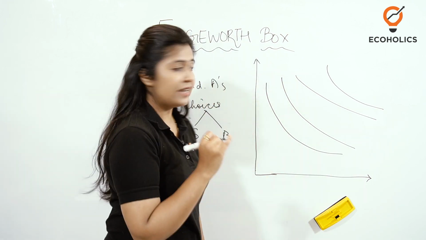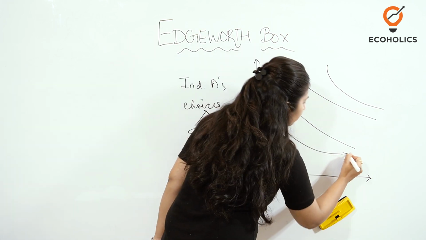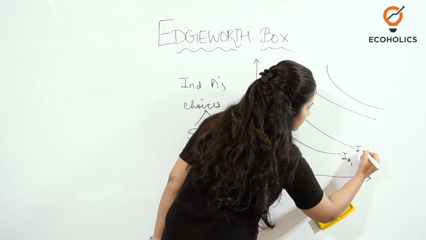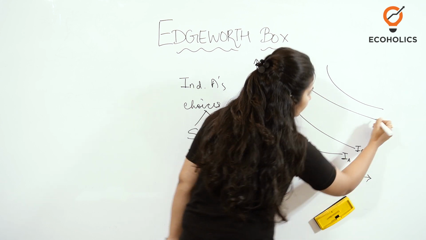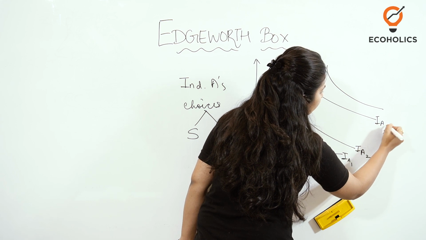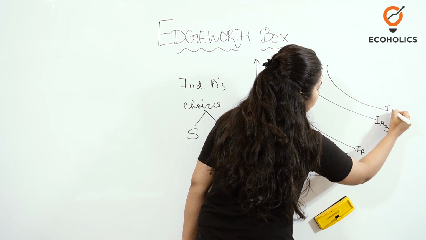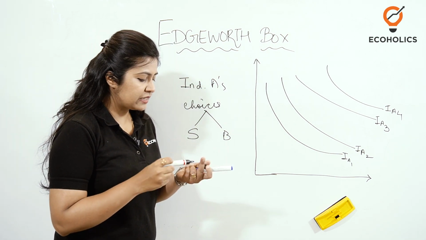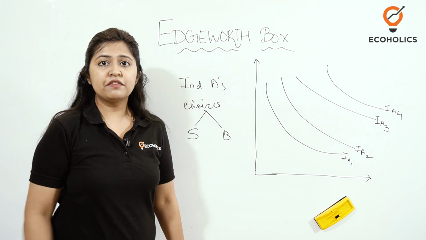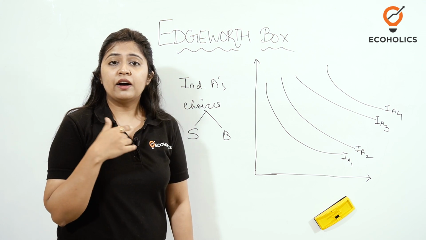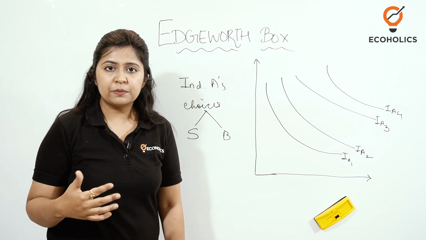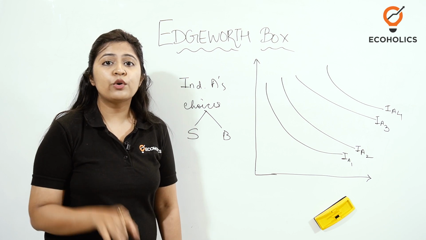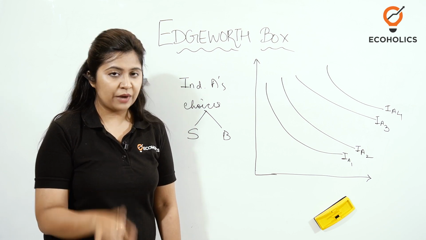I'm going to mark them: indifference curve A1, A2, A3 and A4. You all would know that the higher the indifference curve, the higher the amount of satisfaction.